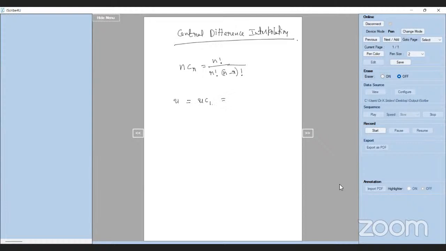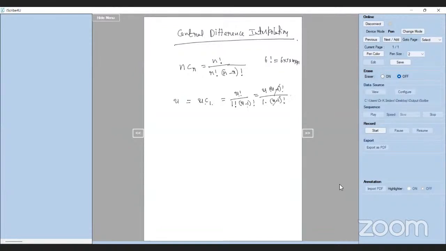This is n, this is r. u factorial by 1 factorial into u minus 1 factorial. u factorial can be written as u into u minus 1 factorial. For example, 6 factorial is 6 into 5 into 4 into 3 into 2 into 1. So u into u minus 1 factorial by 1 factorial, which is 1, into u minus 1 factorial.